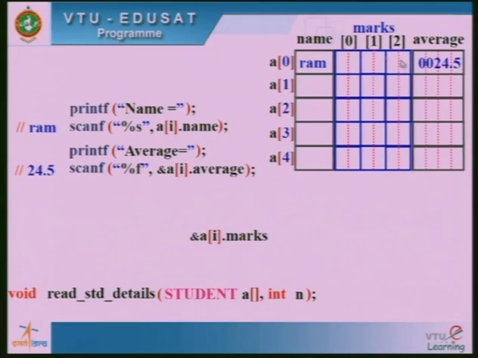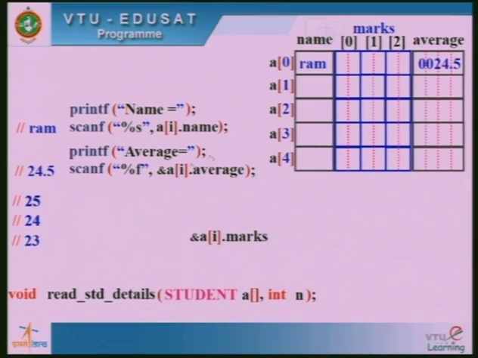Marks of 0, marks of 1 and marks of 2. So how many integer values do I have to enter from the keyboard? 3 values. One is 25, 24 and 23. I want this 25 to be copied into this location, and this 24 I want to copy into this location, and finally I want to copy this 23 into this memory location.